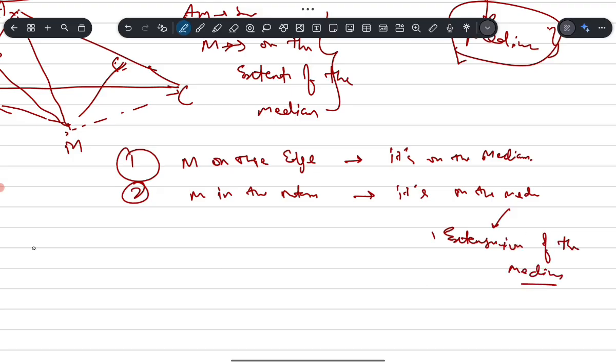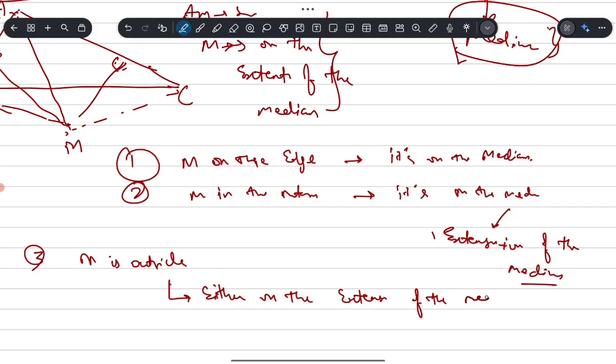For the third, when M is outside, we concluded it's either on the extension of the median or AM is parallel to BC. M lies at a position such that AM becomes parallel to BC. I hope this is clear.